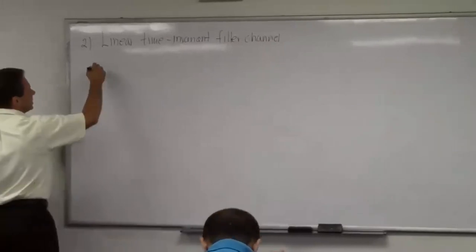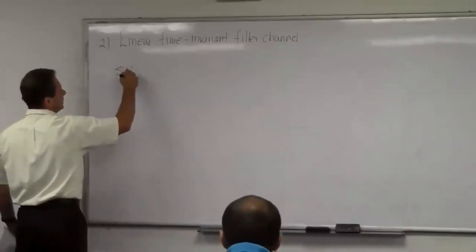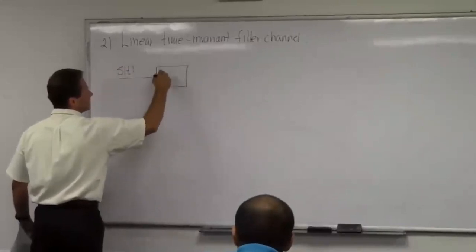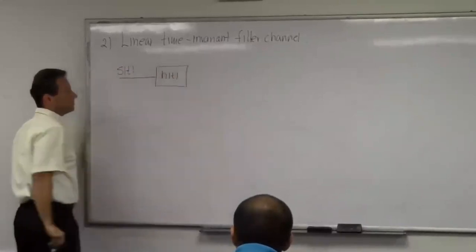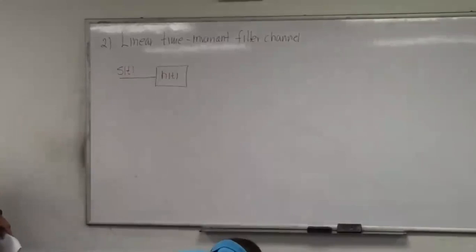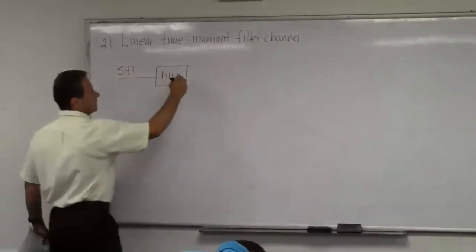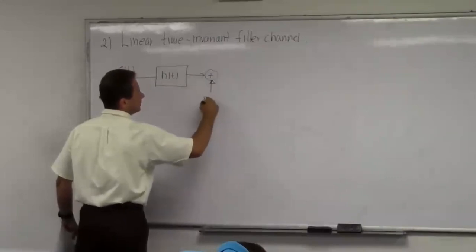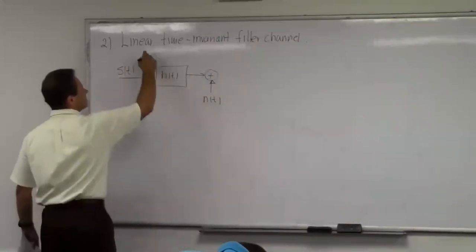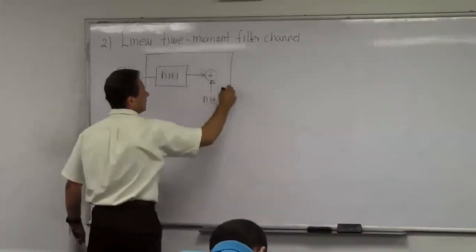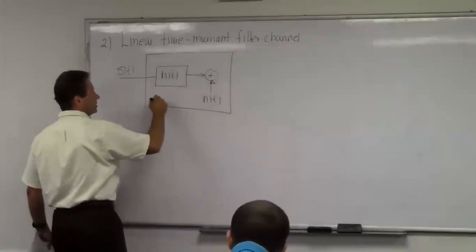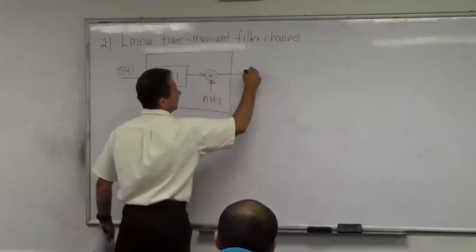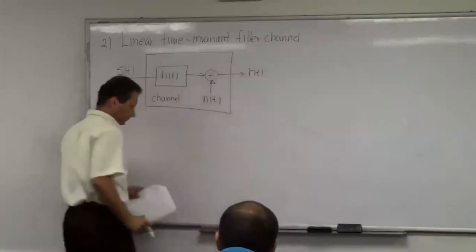The block diagram for this channel looks like this. You have, again, your input signal here, but then the channel acts as a filter that I'm going to specify through its impulse response here. And also, the signal is corrupted with noise. So now, these two together make a channel. And this is your output signal.